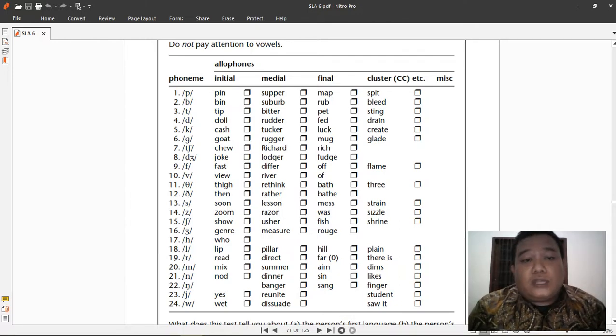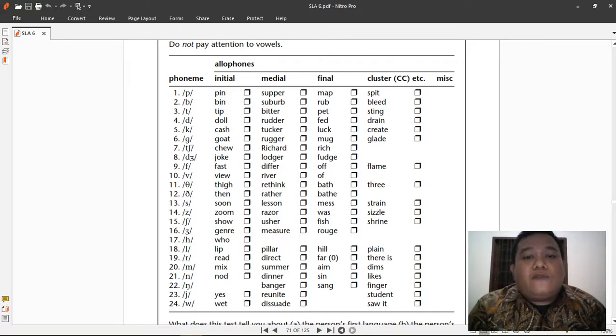So what's the difference? Initial means that the phoneme is placed in front of the word, like in the word pen. Medial means that the phoneme is located in the middle of the word.